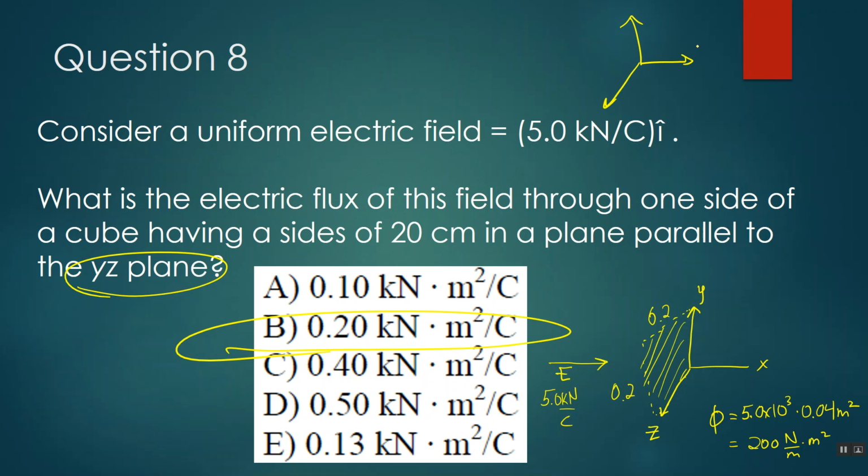You've never seen that? Okay. It's cosine of 0 because the surface area has its own vector, remember. Exactly.